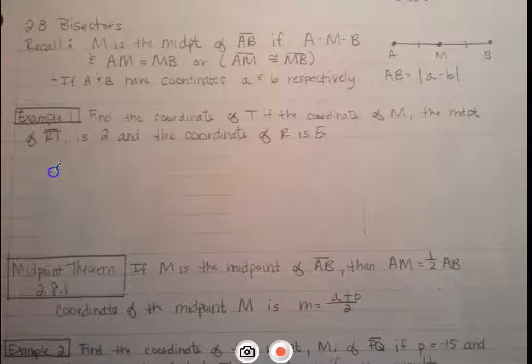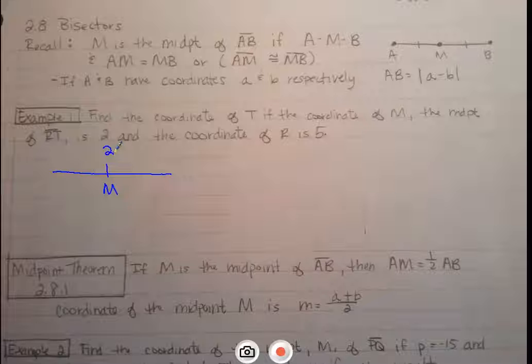So from the information we have, it says find the coordinate of T if the coordinate of M, the midpoint. Okay, so we know M is the midpoint. It's 2, right? We good with that? And it says find the coordinate of T if the coordinate of M, the midpoint of RT, so we know our endpoints are R and T, and the coordinate of R is 5.